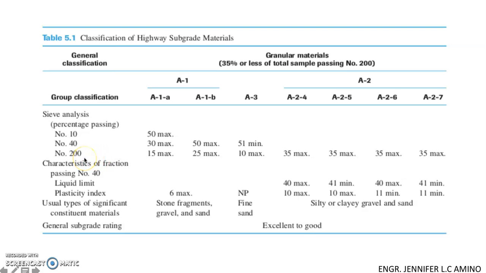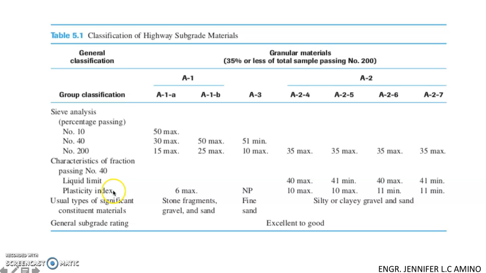If it does not belong to any group from the number 10, number 40, number 200 given percentages, you move on to the next given, either the liquid limit or plasticity index. Once it passes the minimum requirement for the liquid limit, you can use that percentage to classify the soil sample. If it doesn't pass the liquid limit, you move on to the plasticity index.